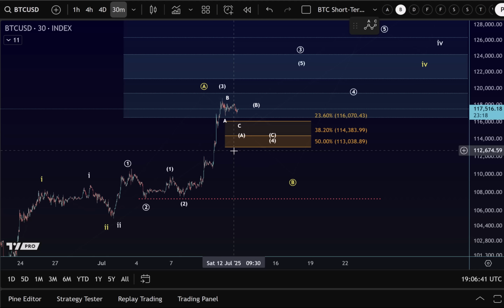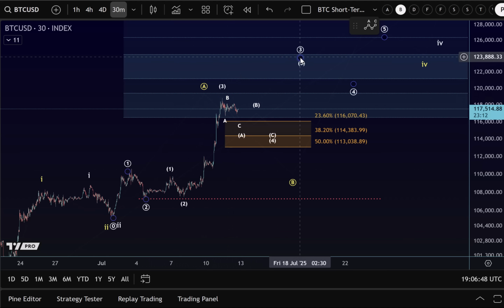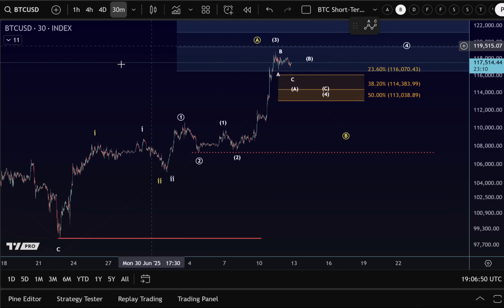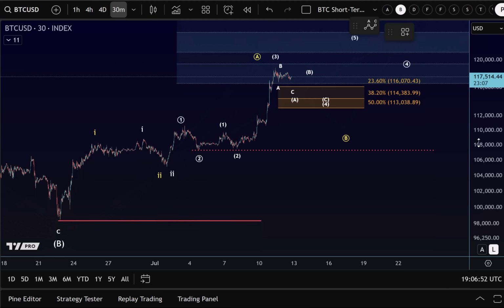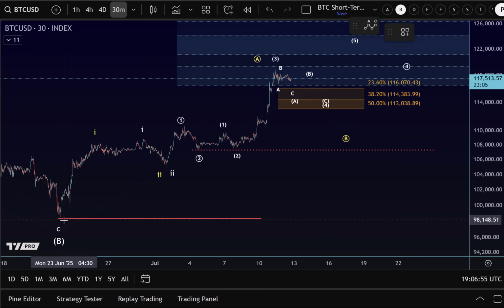So here on the nano level, and I don't expect much movement today, we completed possibly a wave 3 of circle wave 3. So at the moment, the idea is that a larger degree B wave bottomed on the 22nd of June. And I explained all that in the last video, and if you're interested in the bigger picture, check it out.